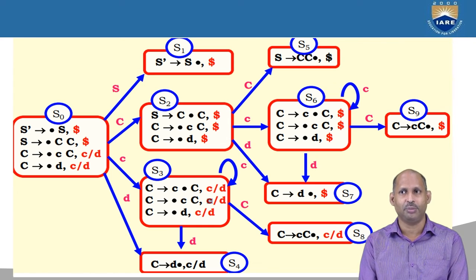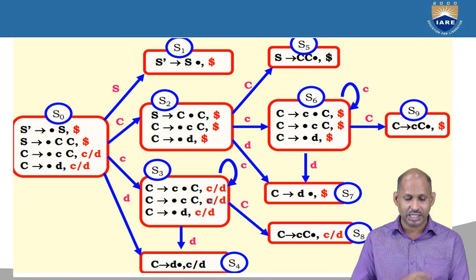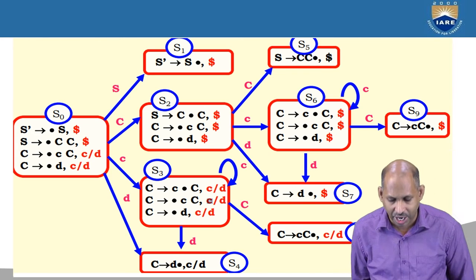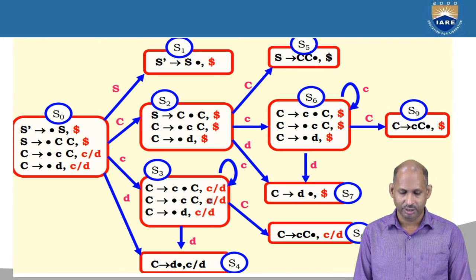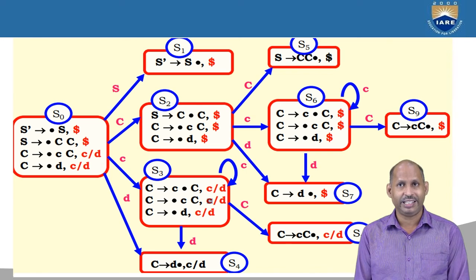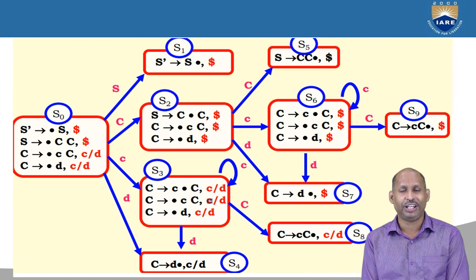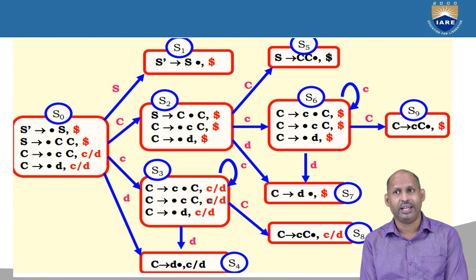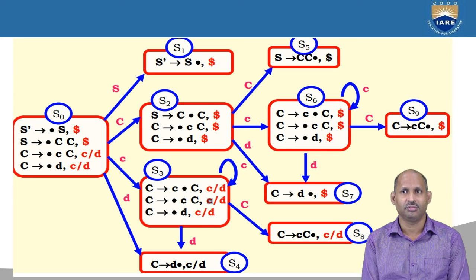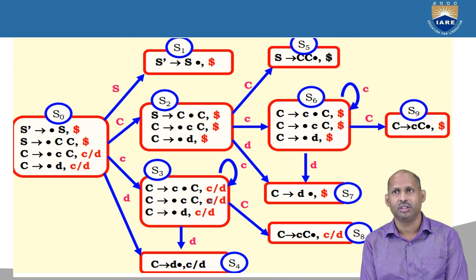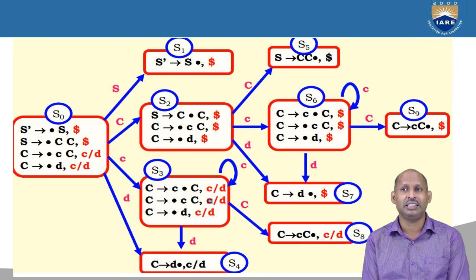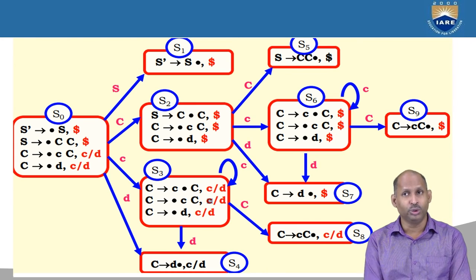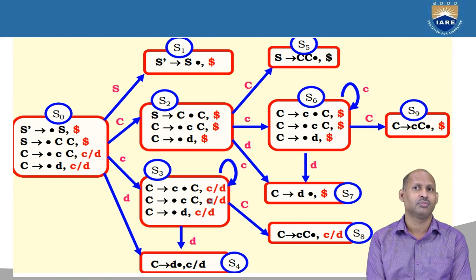So, these are the groups that we have constructed: state 0, state 1, state 2, state 3, state 4, state 5, state 6, 7, 8, 9. Right? These are the groups that we have constructed for this given grammar.